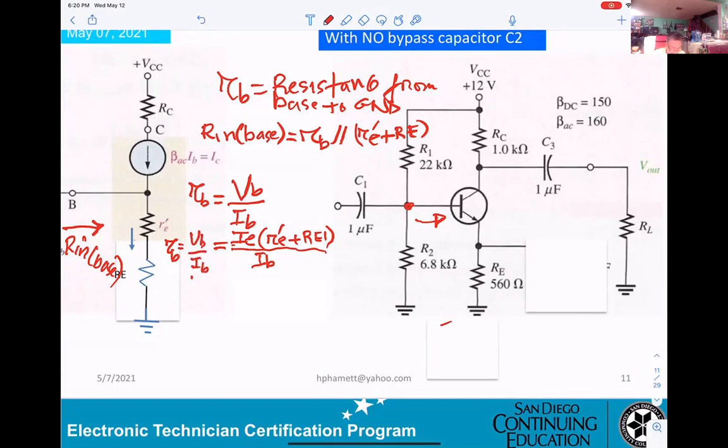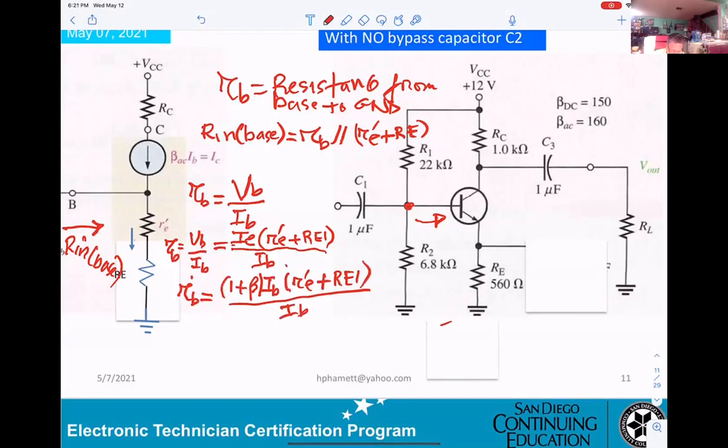Okay, so now I can get RB equal IE times R prime E plus RE1, everything divided by IB. You know IE equals what? 1 plus beta times IB.